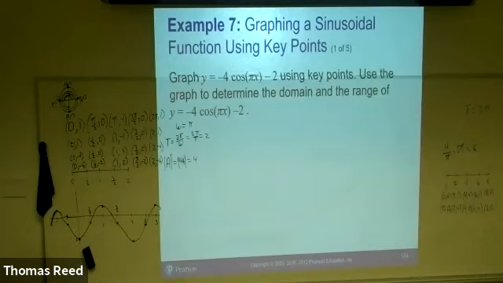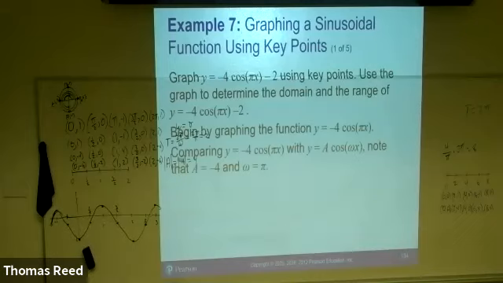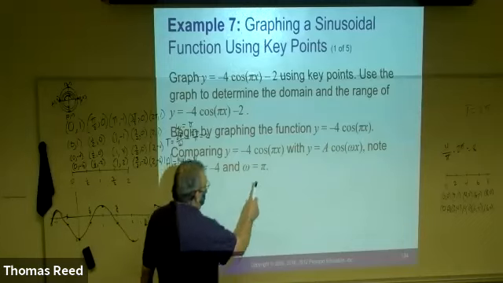And I didn't do any graphing till the end because I looked at what happens to my key points. So begin by graphing the function. So A is -4, omega is pi.